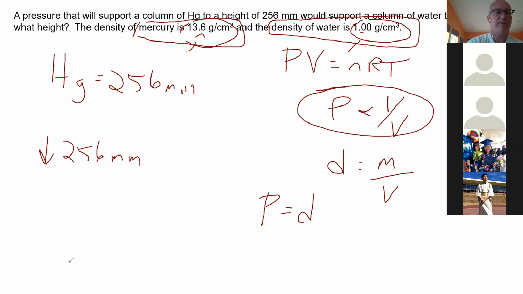And if that same pressure can raise a column of mercury 256 millimeters, how high could it push the water? Now, since it's a 13.6 to 1 ratio, would that pressure push the column of water higher, or would it push it lower?